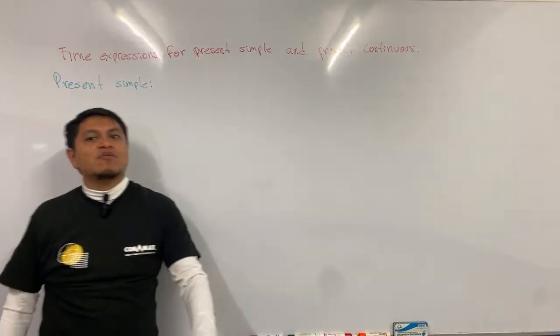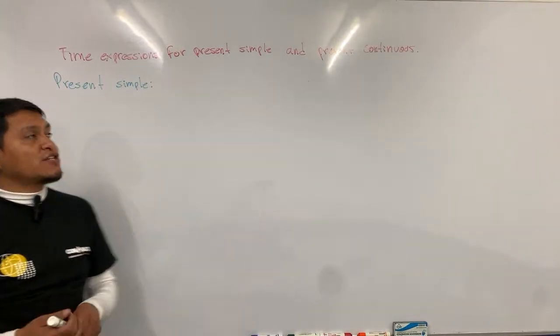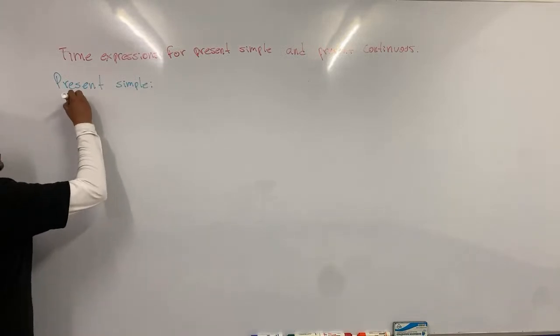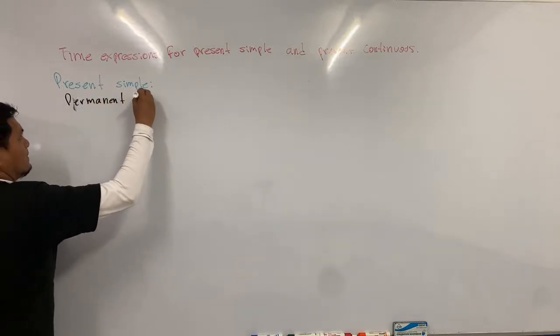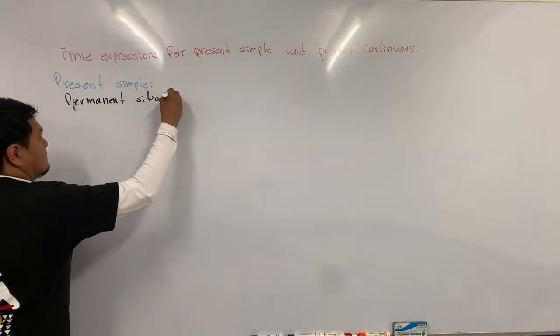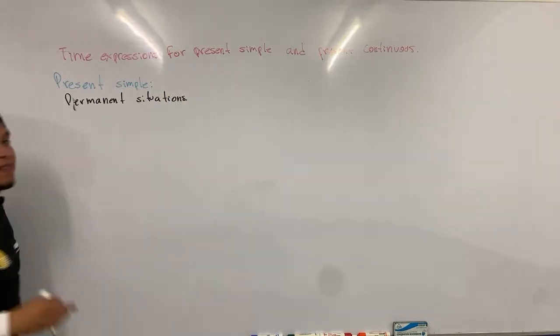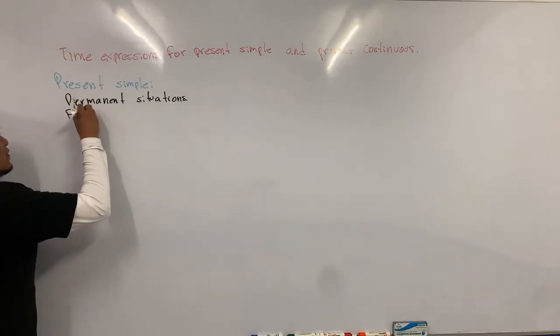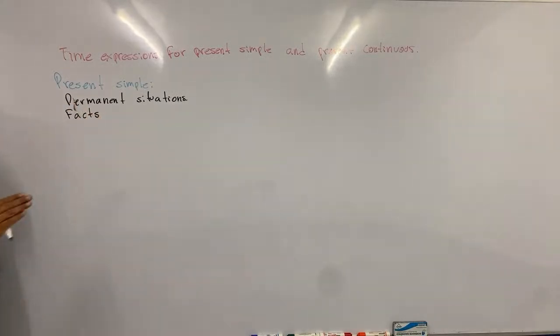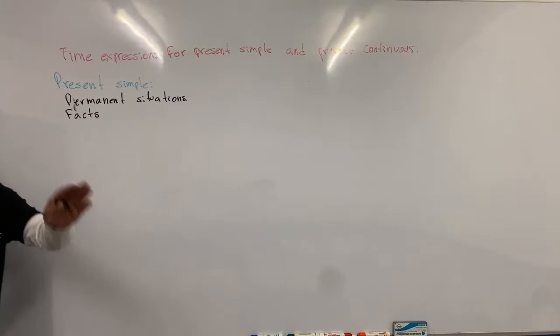We use the present simple for permanent situations. The first, next, facts. And then for habits and routines.